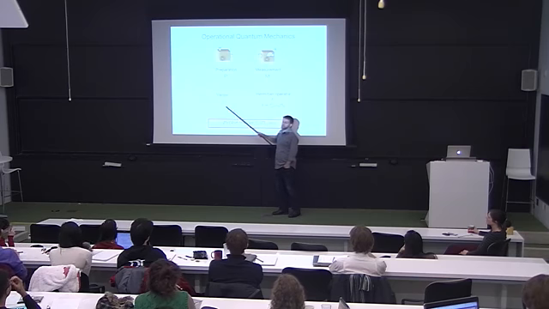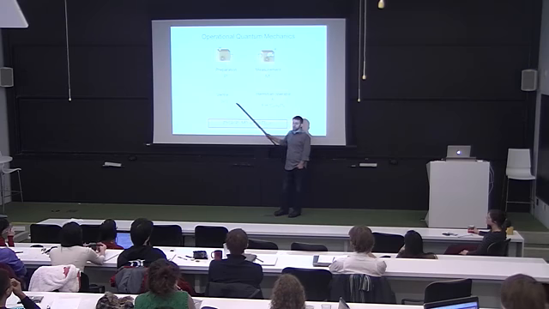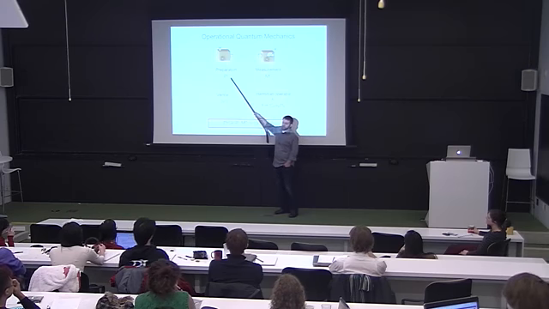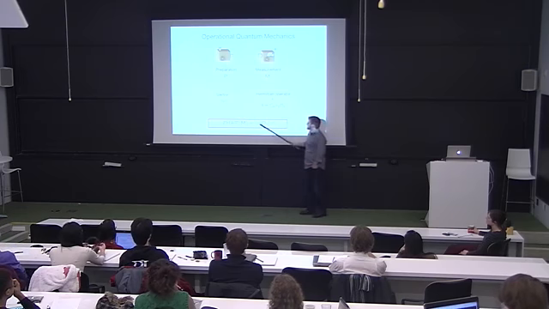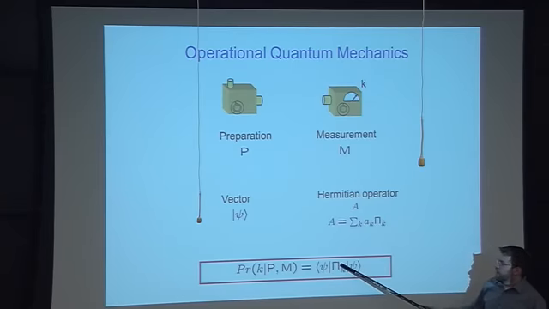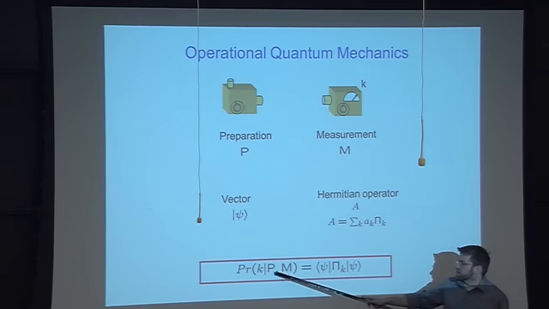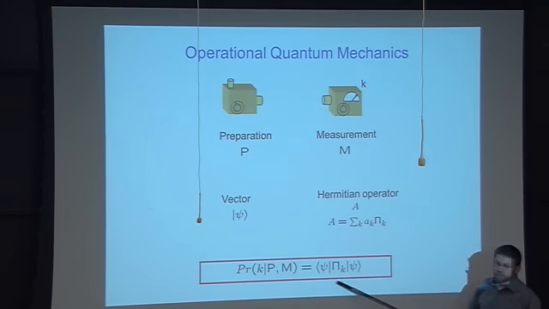So I could have written psi sub P. Quantum theory provides a mapping from preparations to rays in Hilbert space. So here I have a psi sub P and a pi sub M, and as I vary P and M, these probabilities might change because psi varies with P and the sets of pi's vary with M.